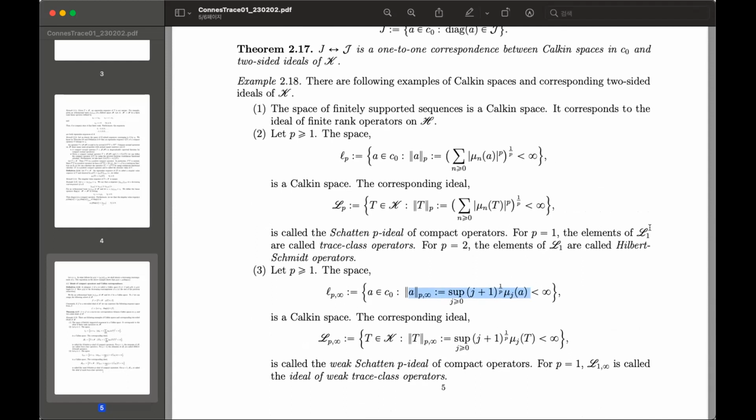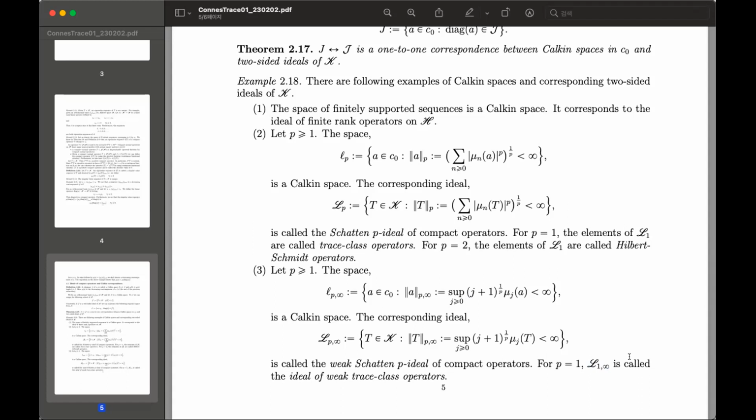And in particular, if we set p equal to 1, then L1 infinity, which is called the ideal of weak trace class operators, is the space used on the left-hand side in the definition of Connes' trace theorem.